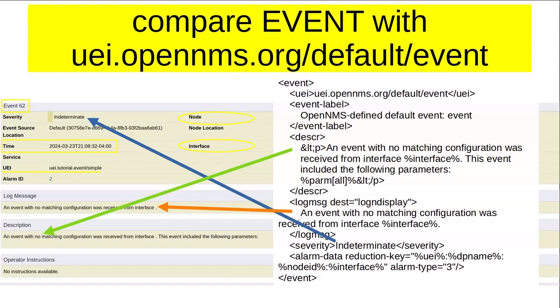Node and interface were left blank on the send-event.pl command line. The event ID and time were set by OpenNMS. The only attribute used by OpenNMS was the UEI, uei.tutorial.event/simple.